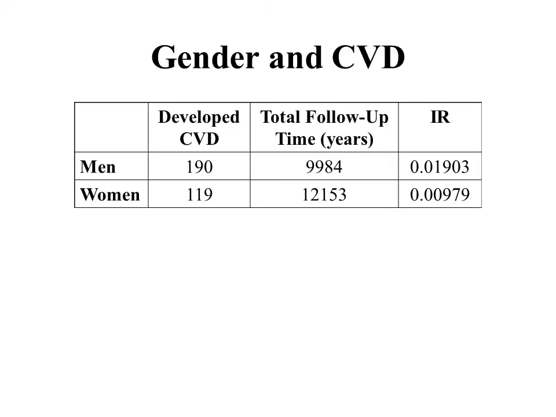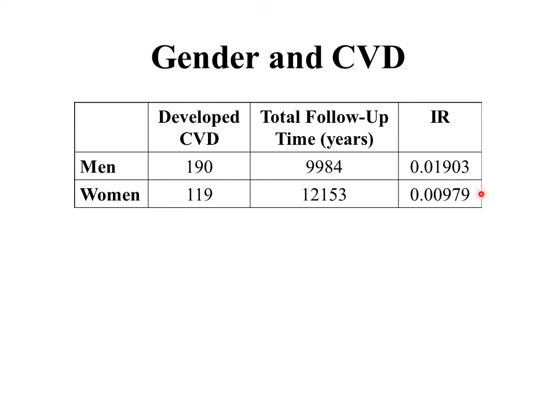And so let's look back at this data regarding gender and cardiovascular disease, where we had a total of 190 men develop cardiovascular disease with a total of 9,000 years that were disease-free. We had 119 women develop cardiovascular disease and a total of 12,000 years of those women in which they were disease-free. So we calculated the incidence rates of these different groups earlier.